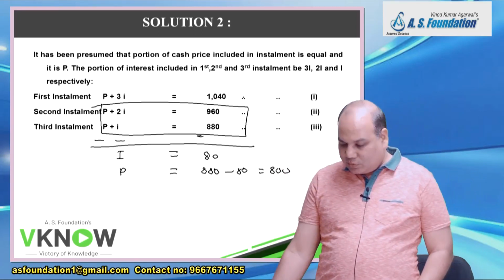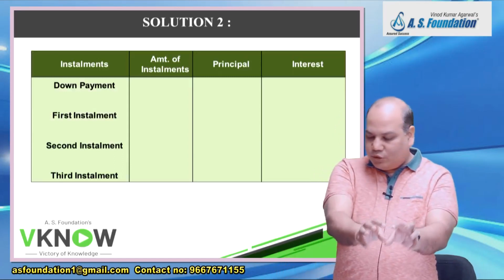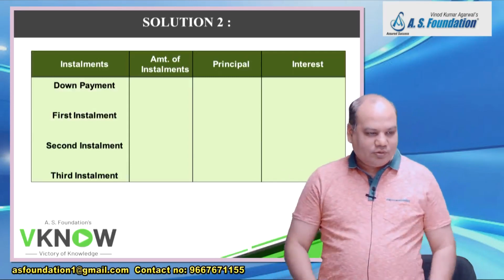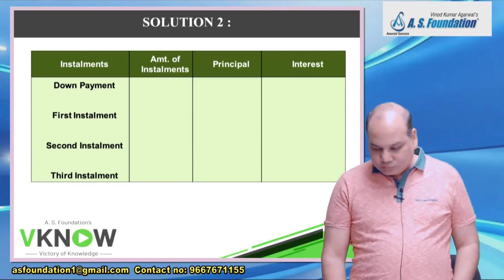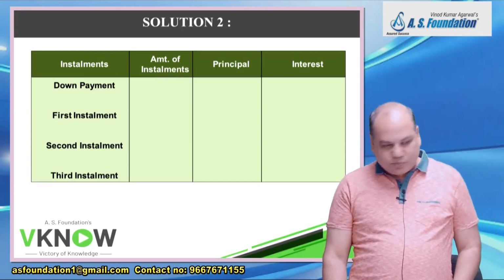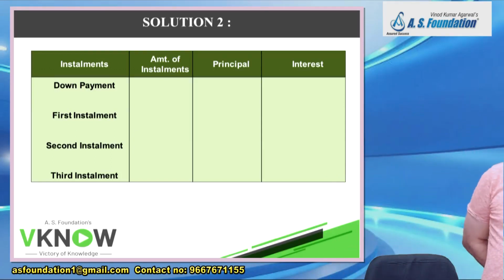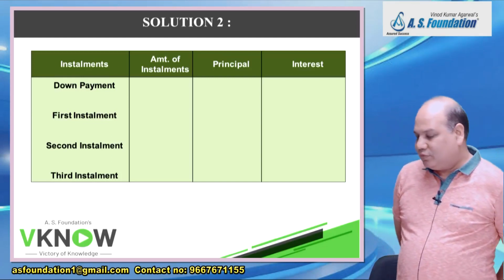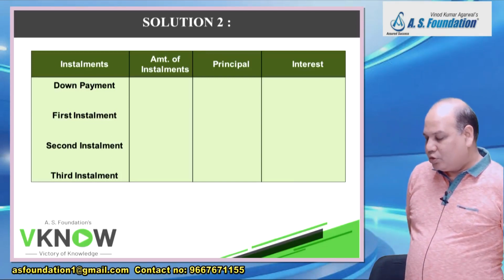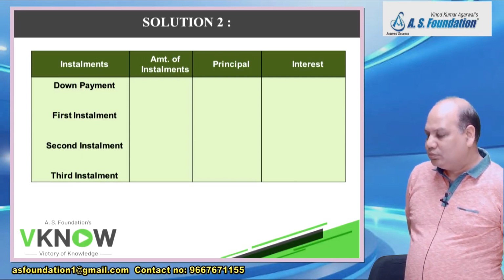Now you draw one small table below. Now we'll divide this installment amount into principal and interest. Is it right? So next table heading, write down: calculation of cash price and interest. First you draw this table: installments, amount of installment.